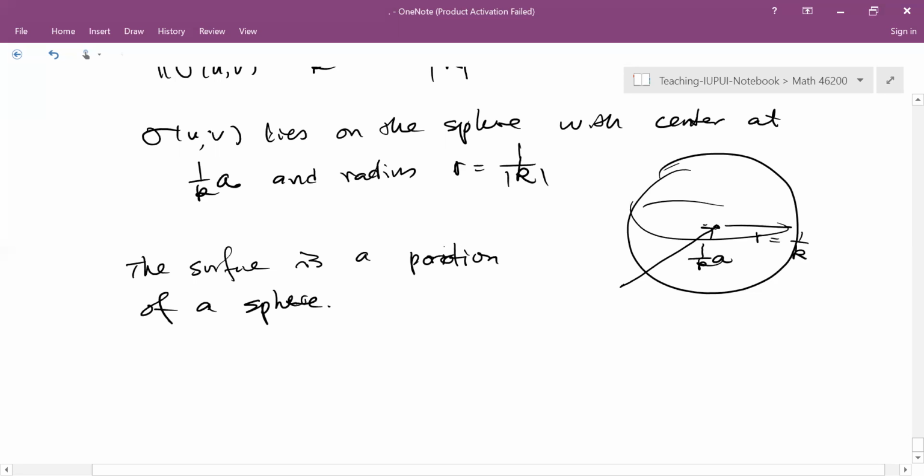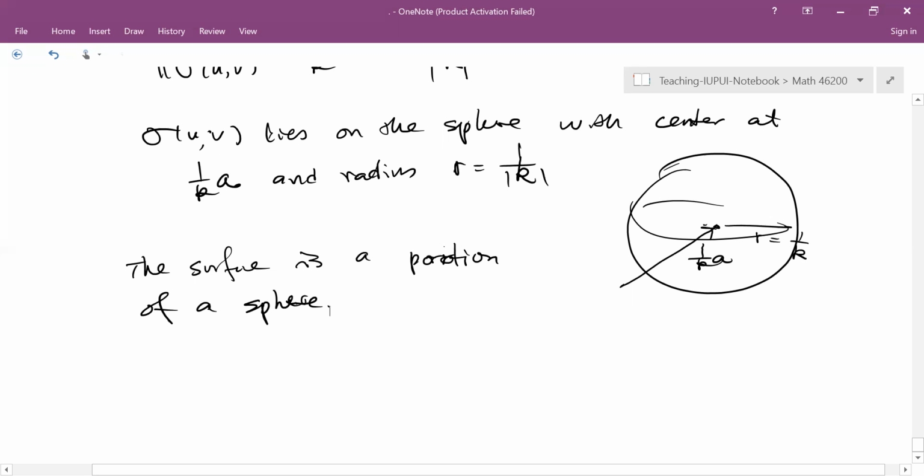These umbilical points do not form an open set on the surface, because if they formed an open set, that open set must be either a plane or a portion of a sphere.